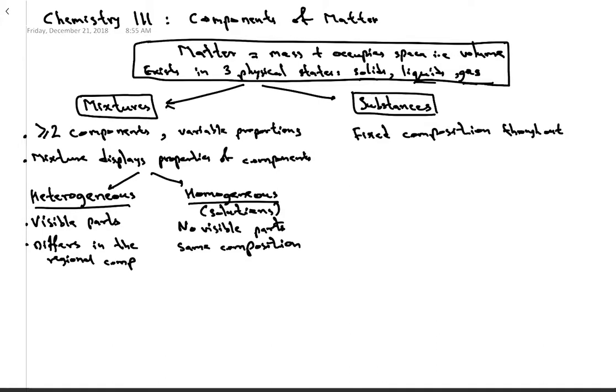You will be able to visualize the iron filings and the sand separately, even though they are mixed. If you take a sample of that mixture at one spot, you may get a particular proportion of sand to iron filings, and you sample that mixture from some other region, you will get a different composition. So composition will vary from region to region within that mixture. So that's a heterogeneous mixture and a homogeneous mixture.